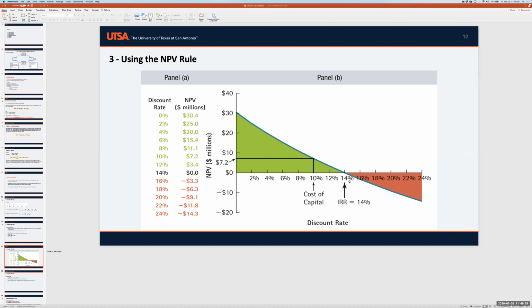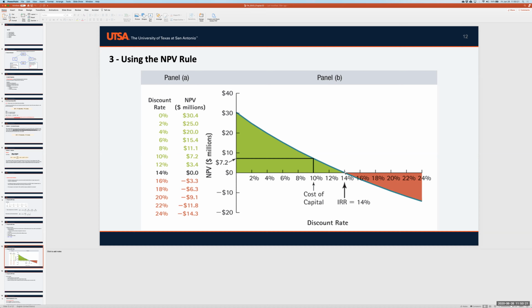So the IRR is another important concept for deciding on investments. As you see, 14% is just the break-even point, the leave-it-or-take-it point.